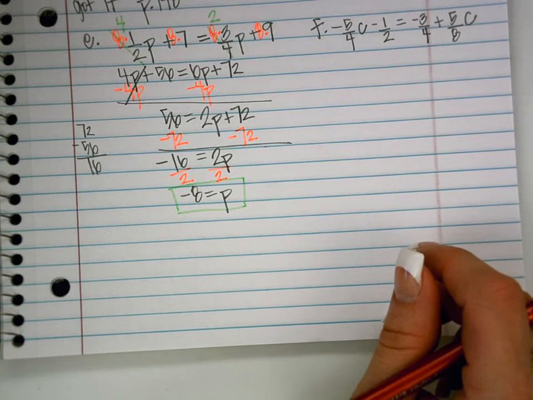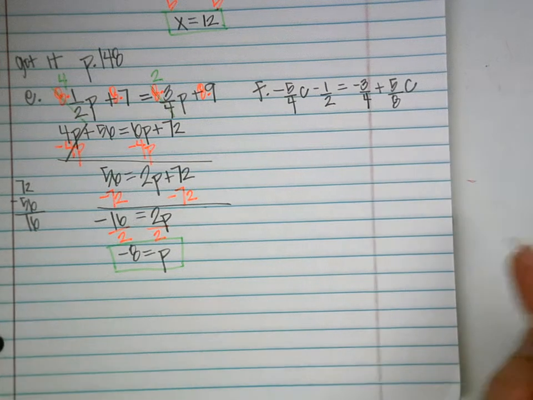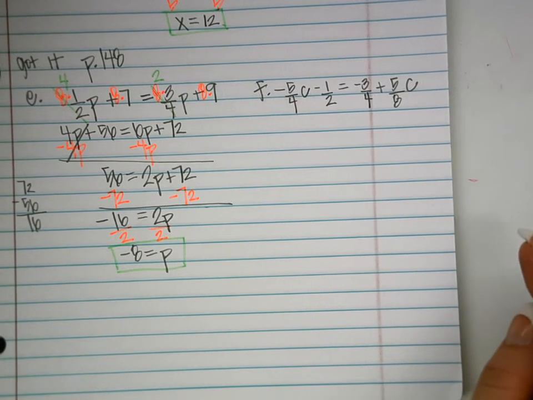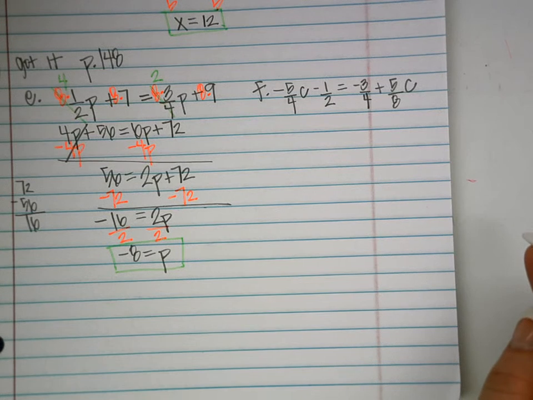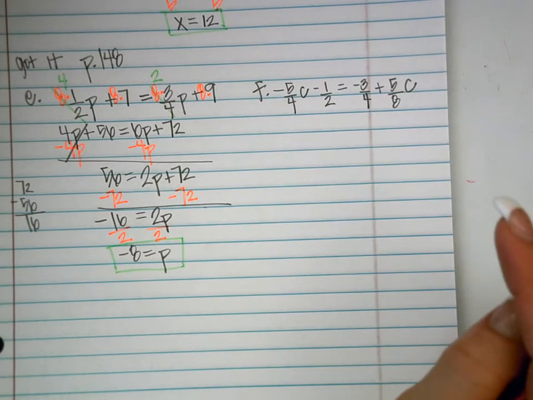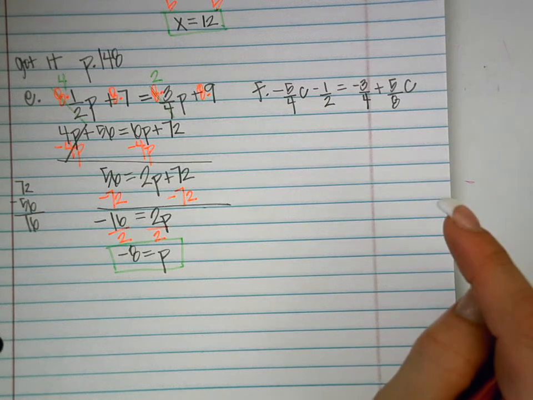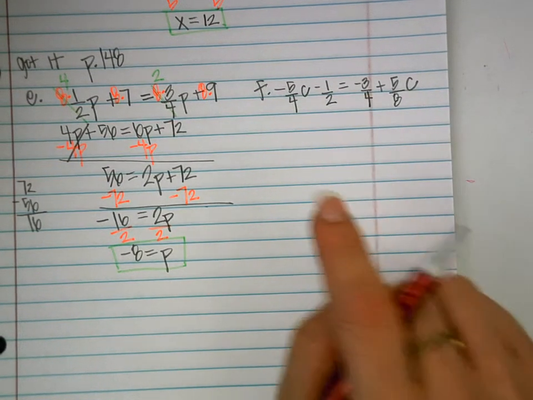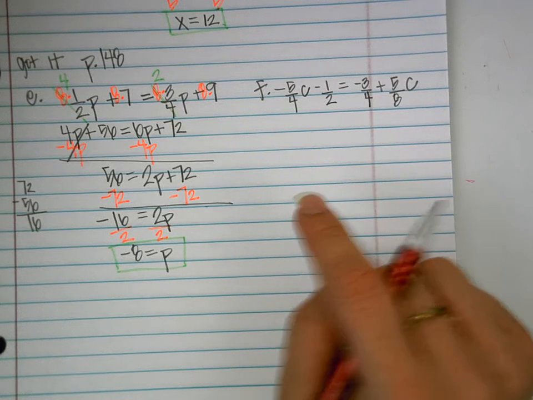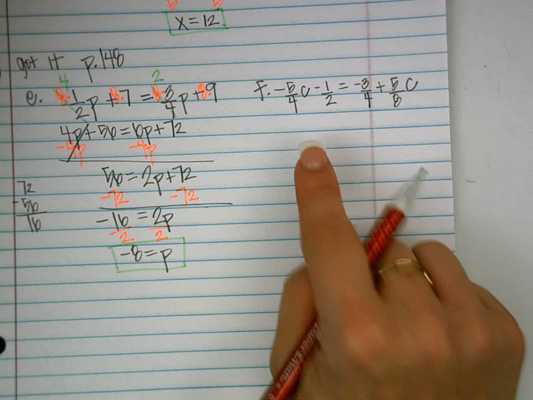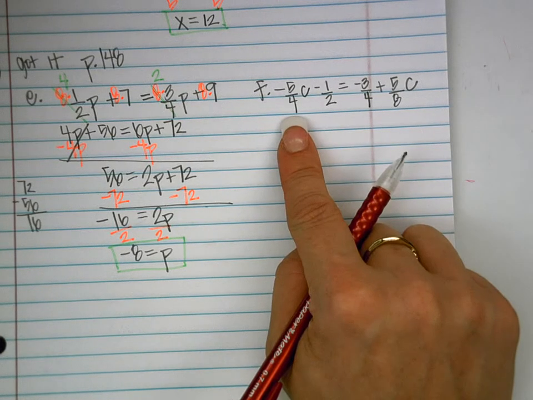Okay, and then the last one, F. What would you multiply through to get rid of all of those denominators? What would eliminate a 4, a 2, a 4, and an 8? 2 goes into all of them, but what would cancel them all out? 16 could work, or 8 could work.